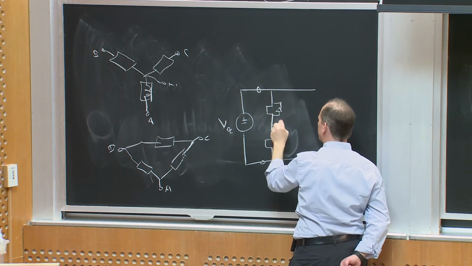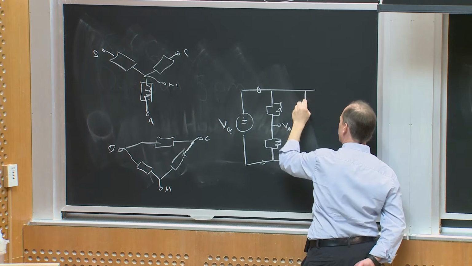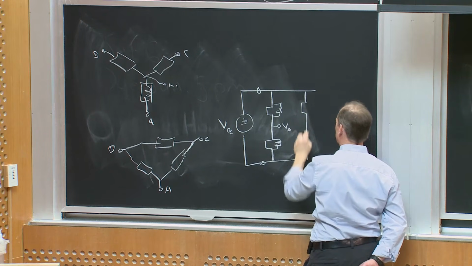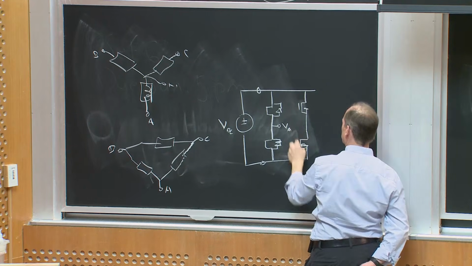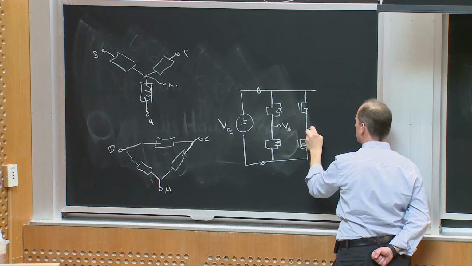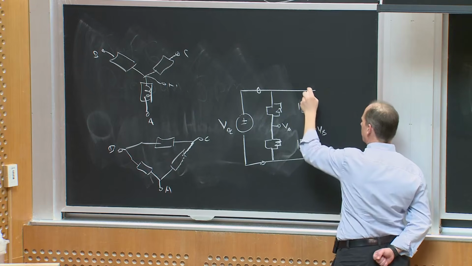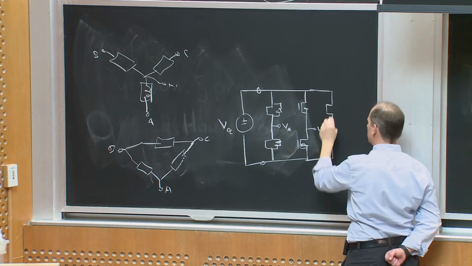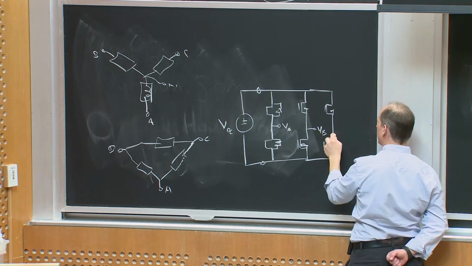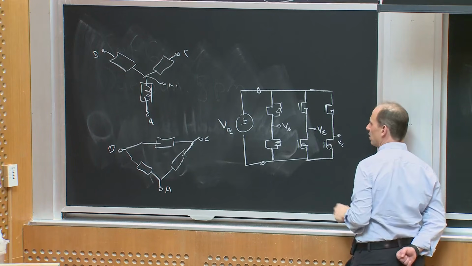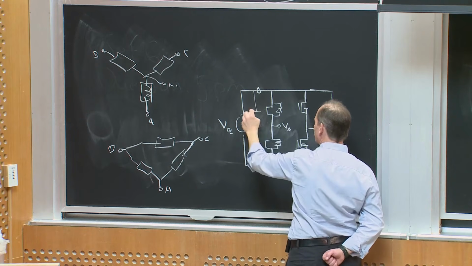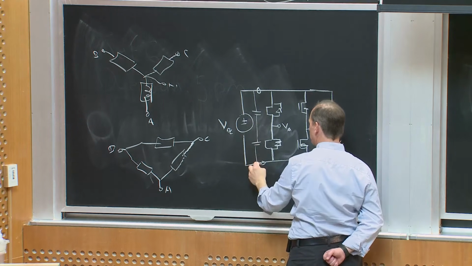And this can generate VA. A second one can generate VB, and a third one can generate VC.